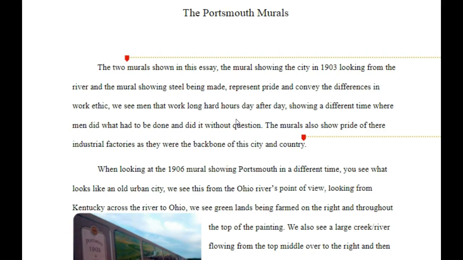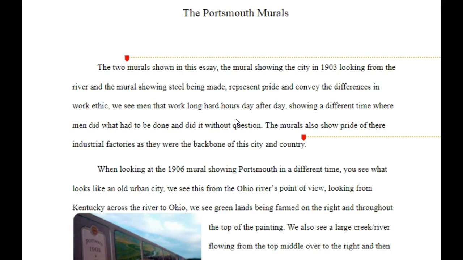So you want to think about, visually speaking, how do they get across this idea? If pride is the thing that they want us to take away, what kind of things inspire pride? Well, how impressive the town looks just because of the scale of the murals. Portsmouth looks like a really significant town, like in that 1903 mural, it's huge. Also in the steel mill picture, there's just something there that's kind of overwhelming and kind of awesome.